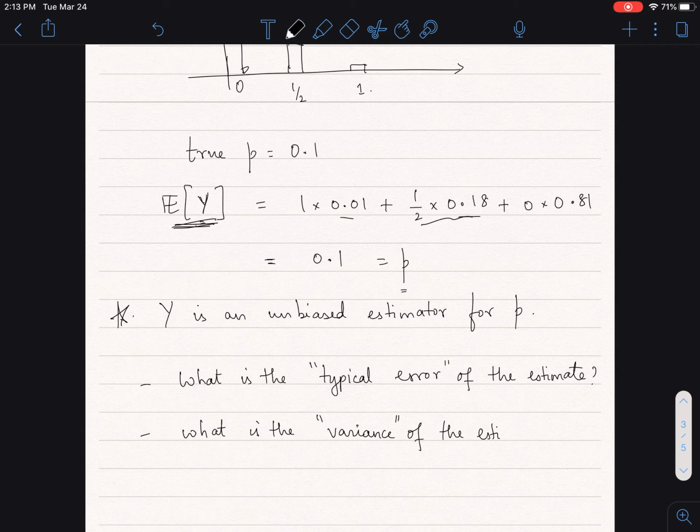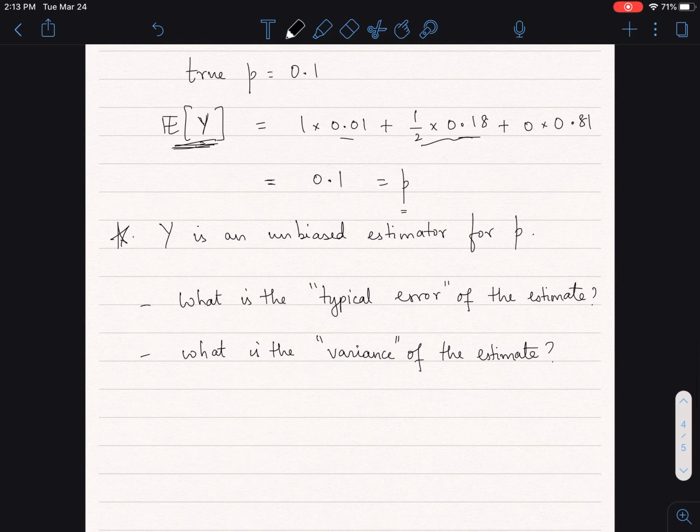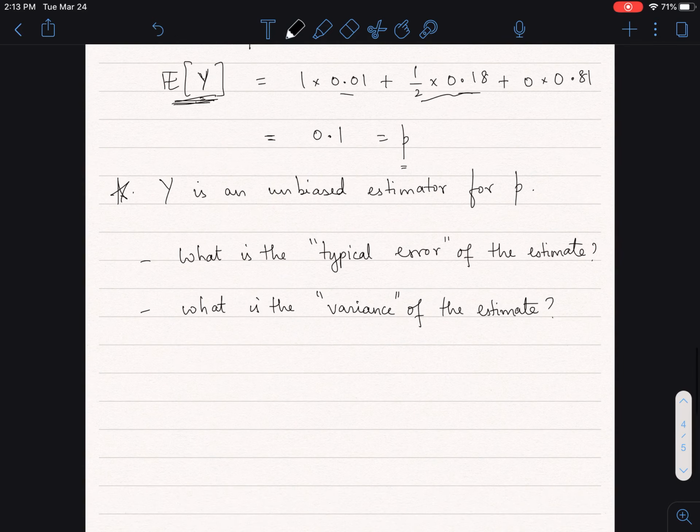The reason I'm doing this separately is because I want to highlight that these are actually two different quantities. Okay. So the typical error is, or even typical squared error.